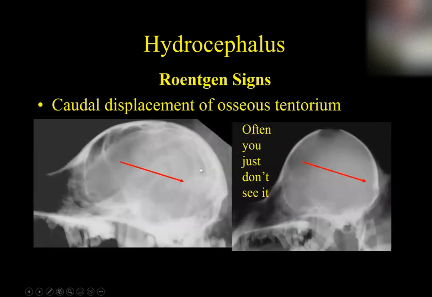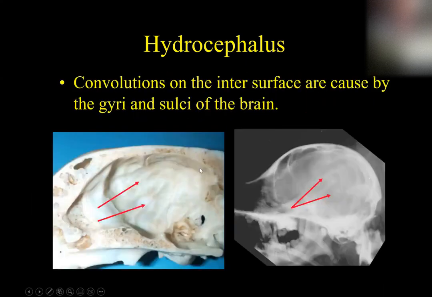The other thing that I look for is, if we go back to this picture here, we can see, again, this is the place where the cerebrum sits, the big part of the brain. Then back here, kind of cut off the edge of the film, is where the cerebellum sits. There's a shelf of bone that sits right in here that on the radiograph you can see.